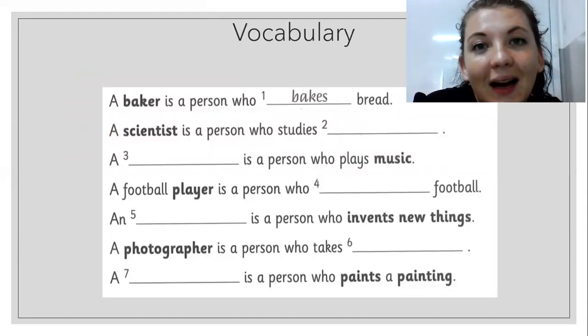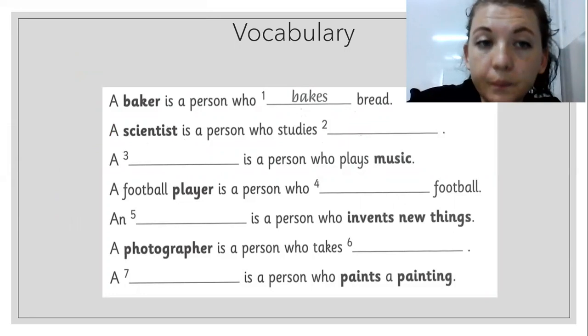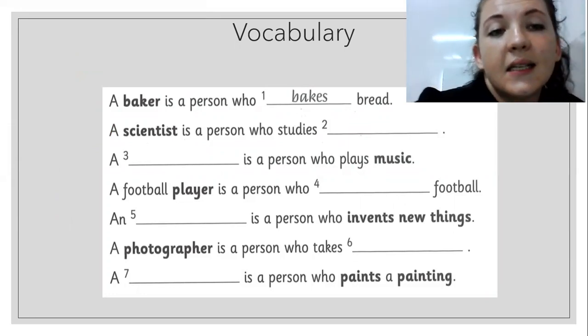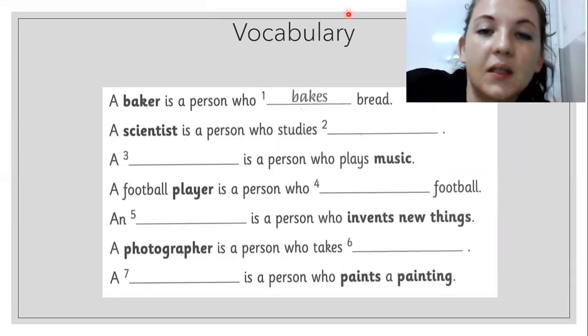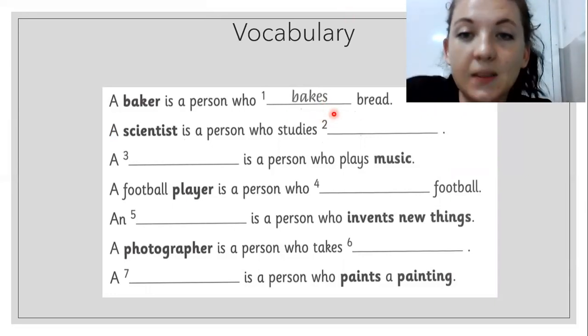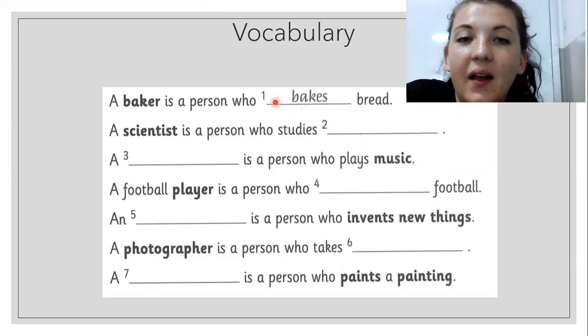Now, in your activity book, this activity is on page 54. The first sentence they already did for us: a baker is a person who bakes bread.